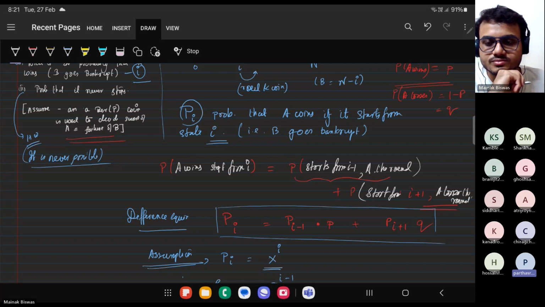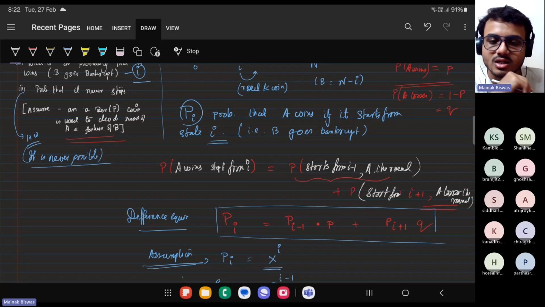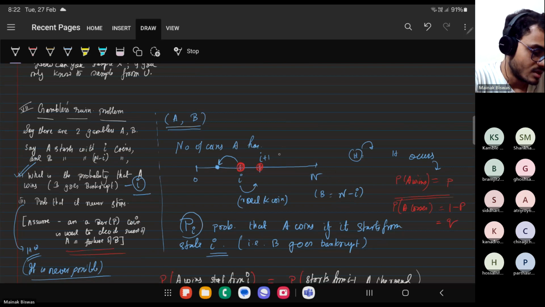We are just building a recurrence relation here. You're using conditional probability, the law of total probability, right? A wins from state i is equivalent to saying what are all the joint distributions such that you come back to state i. Or don't think of it as conditional probability, think of it as this diagram. You have to come to state i in the next step.